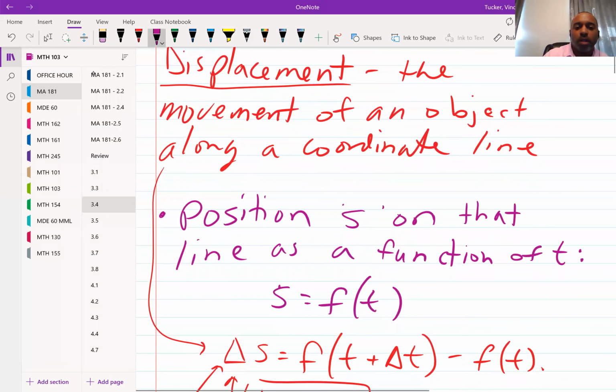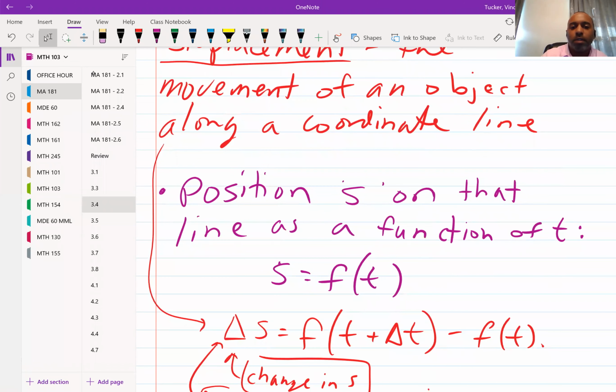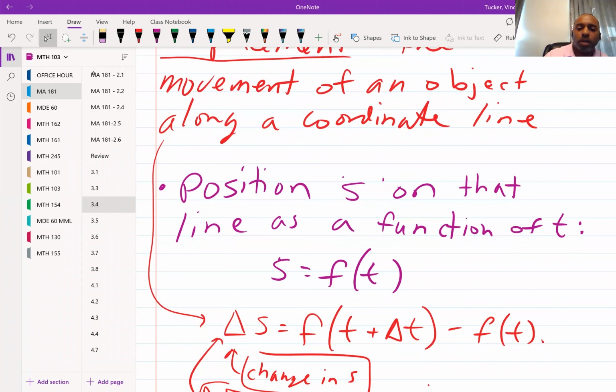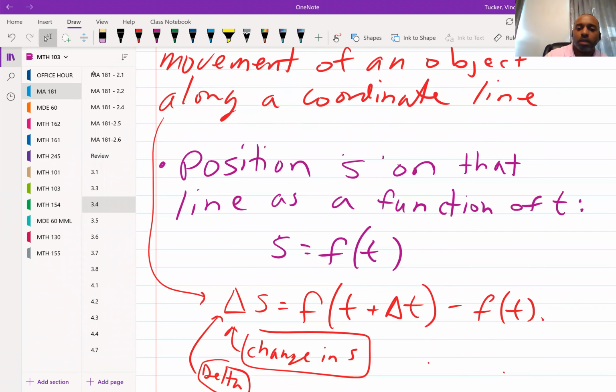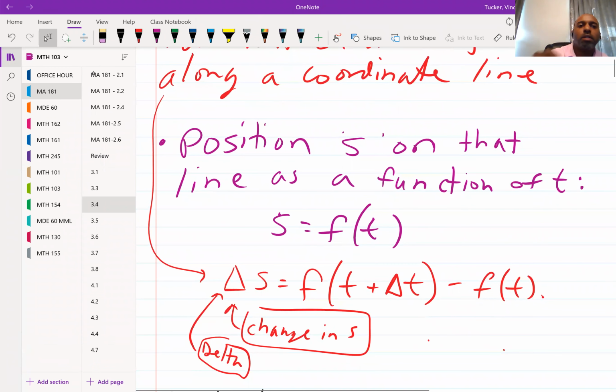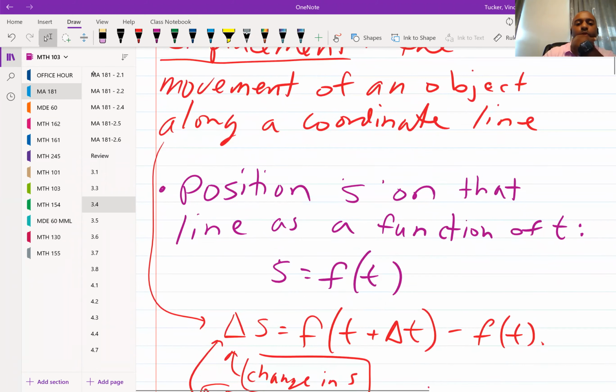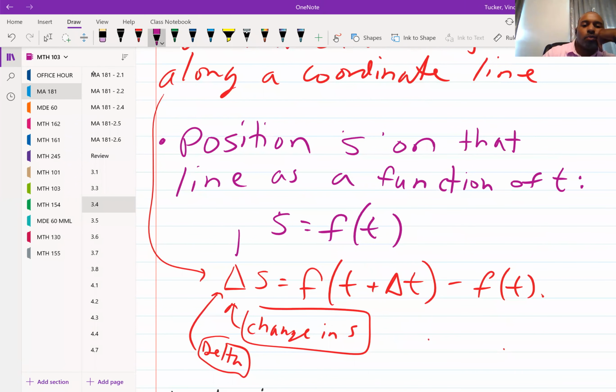So S is equal to f of t, S is going to be our function. So that change that we're talking about when we talk about the movement, whenever you see delta, that represents the change in whatever letter. So if you saw delta y, that's the change in y.